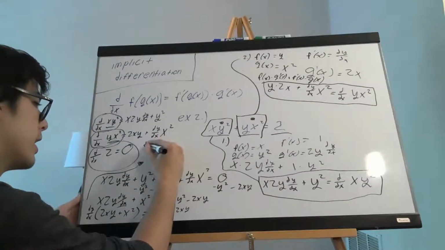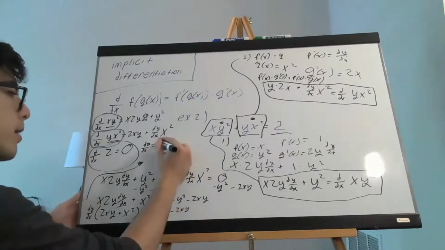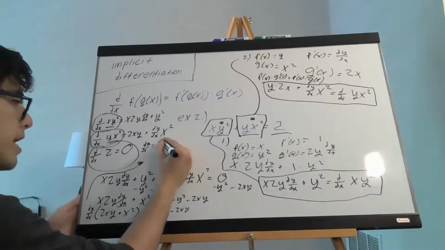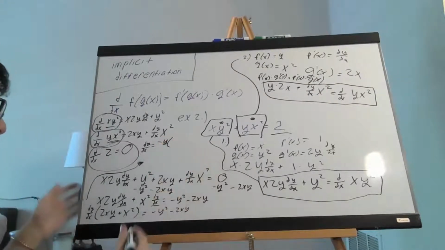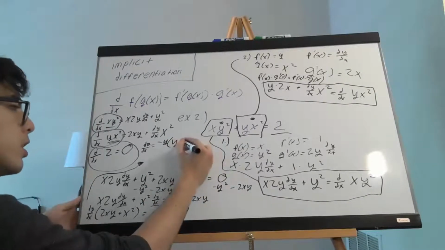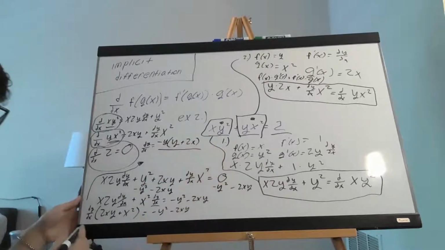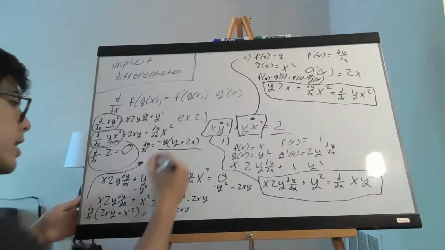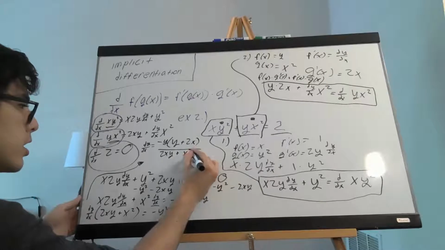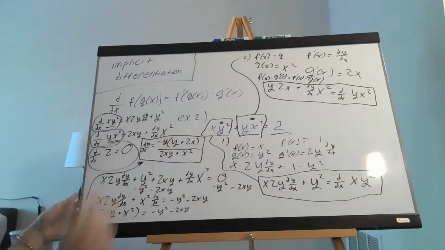We'll get dy/dx is equal to, and I'm just going to factor out this negative y as well, just so the math looks nice and pretty, negative y times y plus 2x divided by 2xy plus x squared. And this is going to be our final answer.